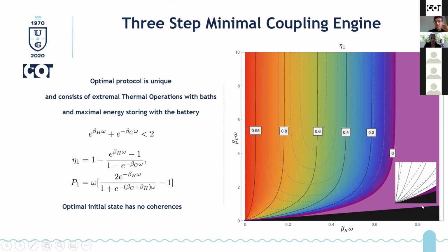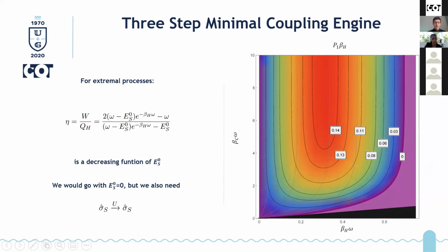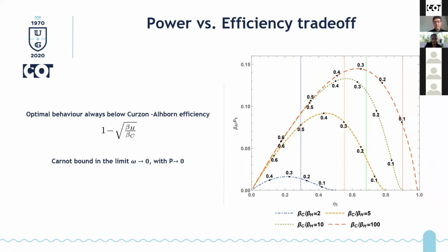Usually the engine would work just in the regime where the cold temperature is smaller than the high temperature, so it would work above this black contour. But because we have very small dimensionality of the working body, we are limited to the area to the left of the 0 line. And also, because this is irreversible, the efficiency will always be smaller than Carnot.